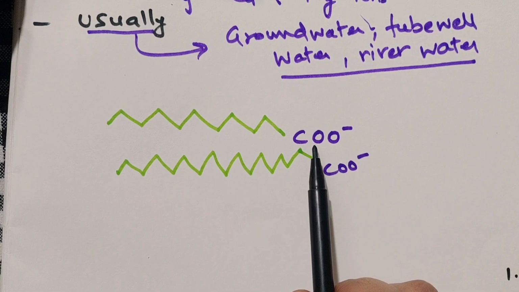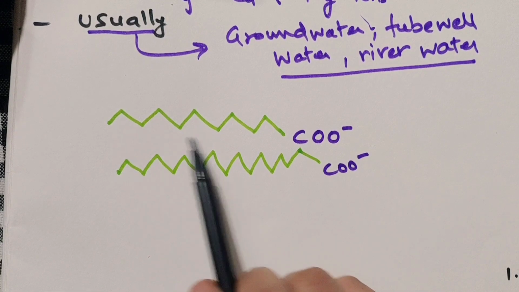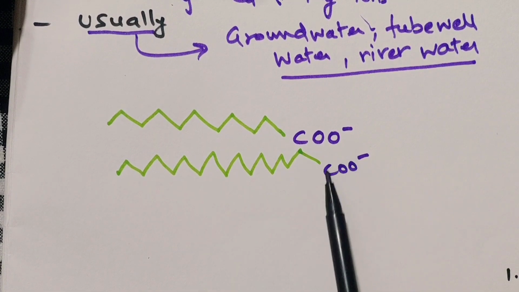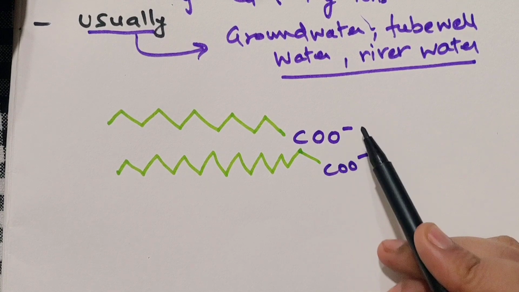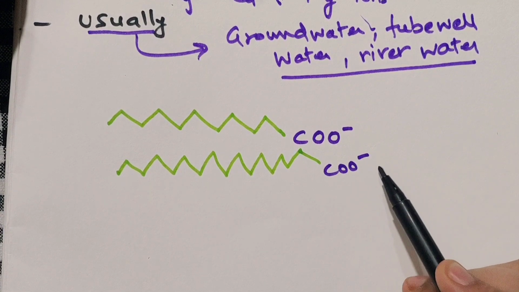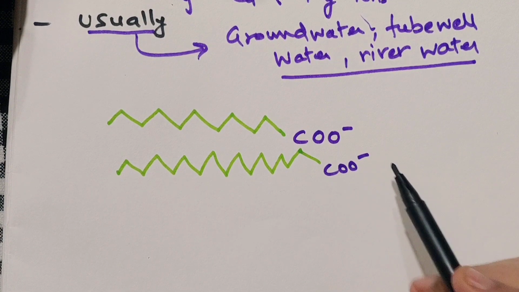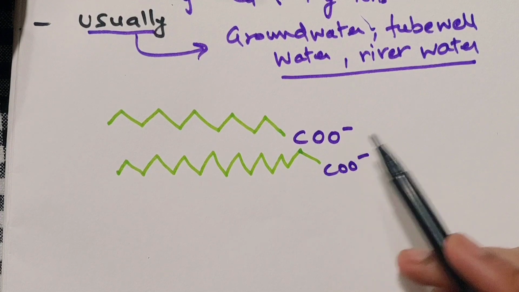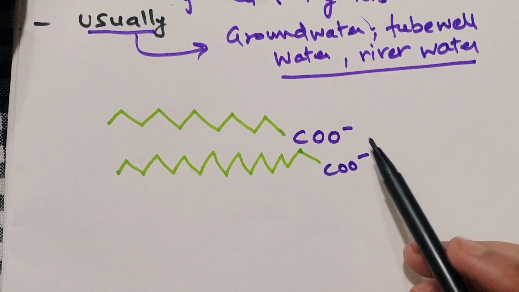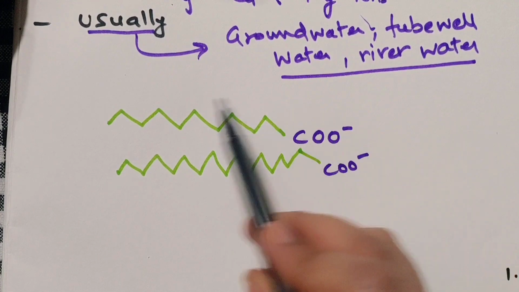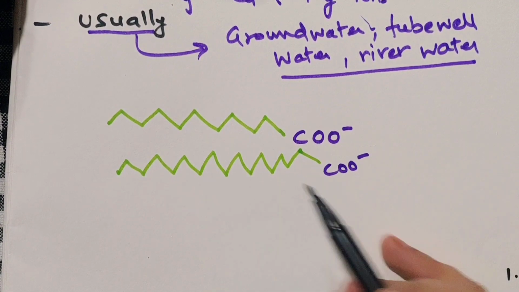the soap molecules. Here you have a hydrocarbon part and this is the ionic part. In the ionic part there were sodium ions or potassium ions, any one of them. Now what happens is when you dissolve soap in water, the sodium and the rest of the soap molecule separate.